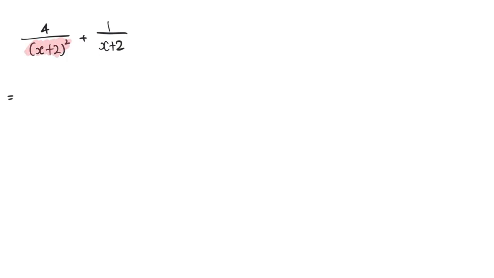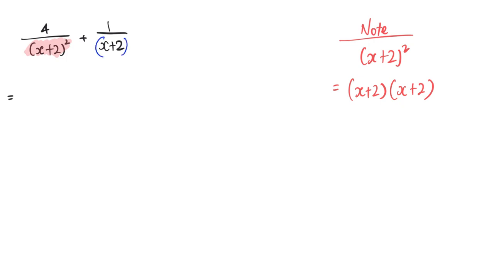Do take note, x plus 2 bracket square is x plus 2 times x plus 2. Okay? So this means something. This means that all I have to do, I just need to multiply by x plus 2 one more time for the other fraction.